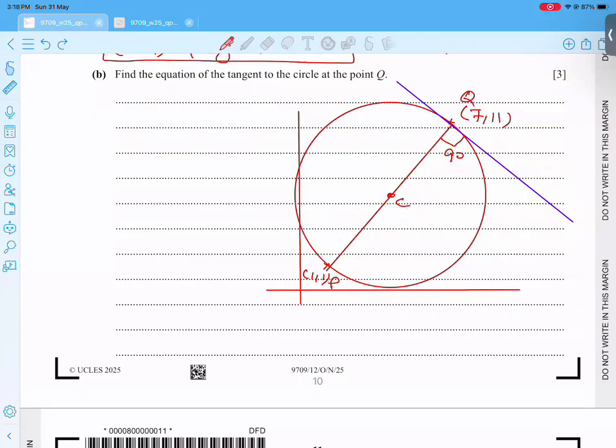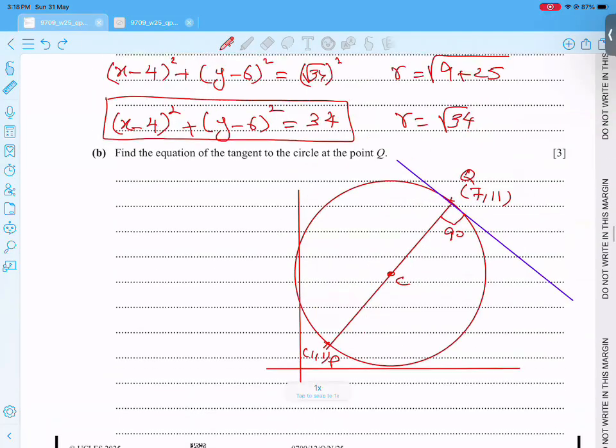How to find the equation of the tangent at Q? So what is the technique? First of all, I will find the gradient of the diameter, D for diameter. I can use 11 minus 1, y2 minus y1 over x2 minus x1.